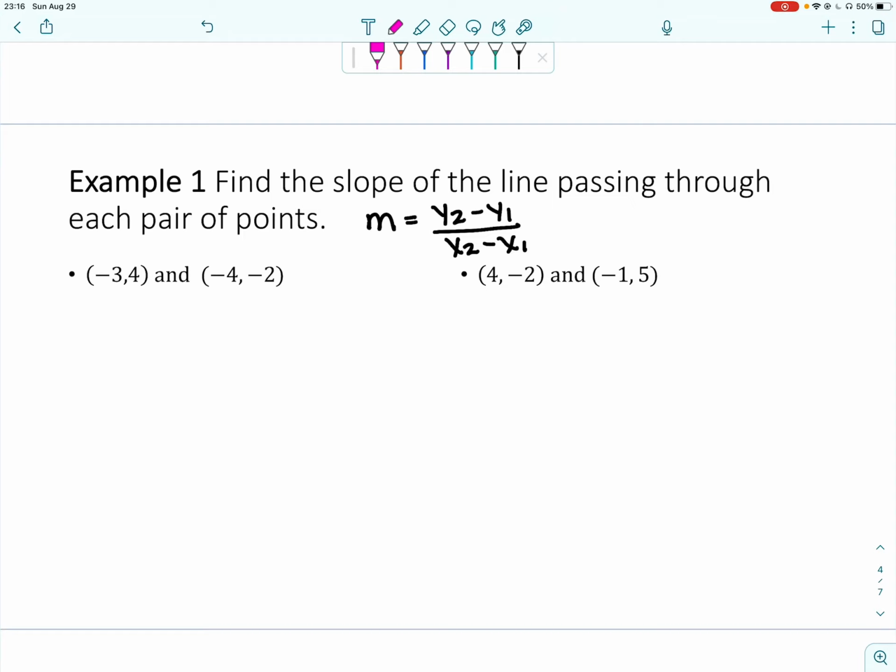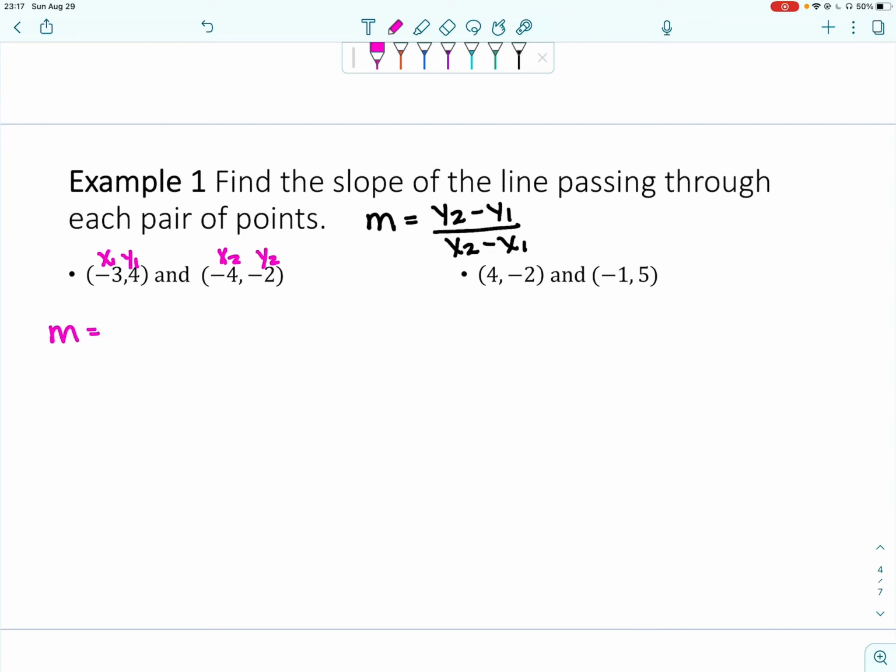It really doesn't matter which ones you make your x1, y1, your x2, y2, but they have to be together. So I'm going to make this x1, y1, x2, y2. So the two that are together, that's your x1, y1, and the other two that are together, that's your x2 and your y2.